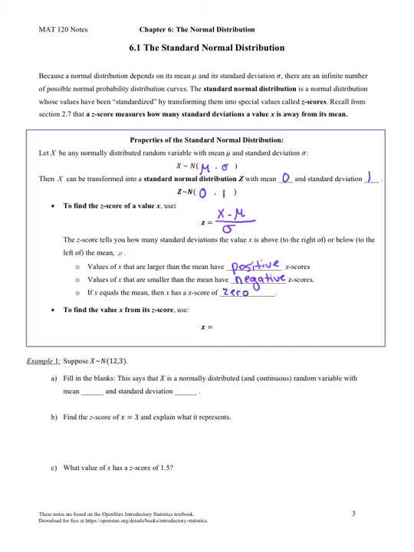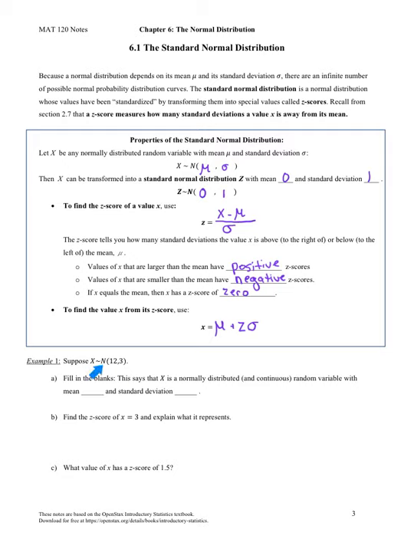This will make a little bit more sense as we do some examples. But lastly, to find the value of x from its z-score, we can use this formula right here. Let's take a look at example 1.